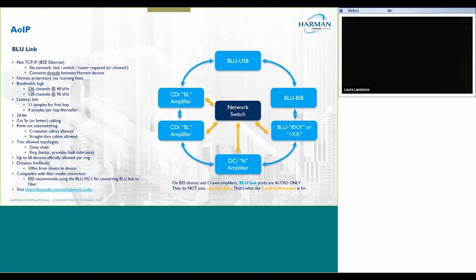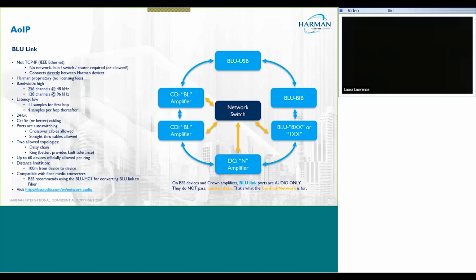Another advantage of BLU Link is you can actually create multiple rings, or what are called multiple buses of BLU Link. So if you have maybe different racks in a facility, and you want to wire all those racks together with the gear in each rack, that can all be done over BLU Link, and then you can use some other format to transmit the audio from rack to rack. That could be anything.